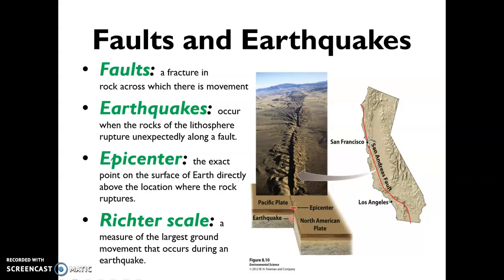The next term is epicenter. An epicenter is the exact point on the surface of the earth which is directly above the location where the rock ruptured. So in the diagram here, we have the Pacific plate moving in one direction, the North American plate moving in the other direction in a transform fault. And deep inside, the rocks give way, which is an earthquake.